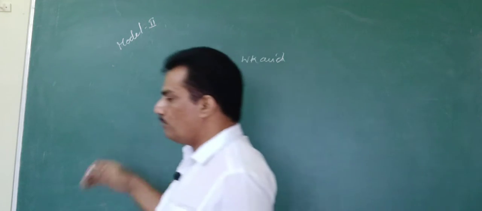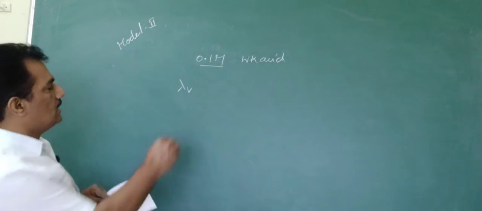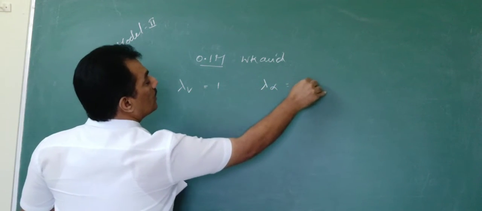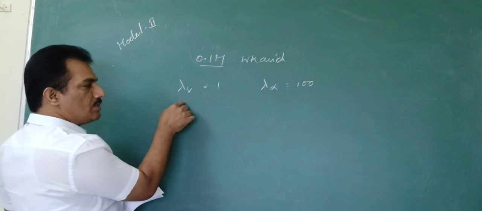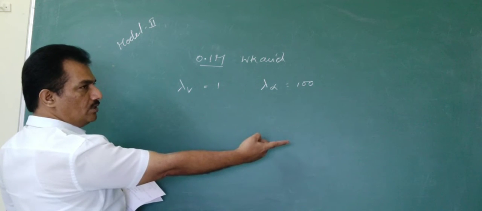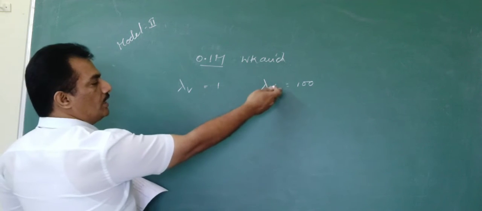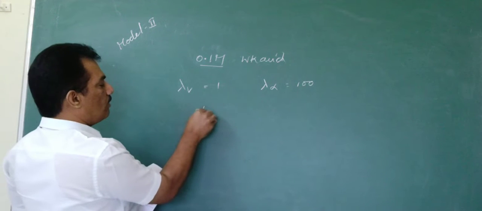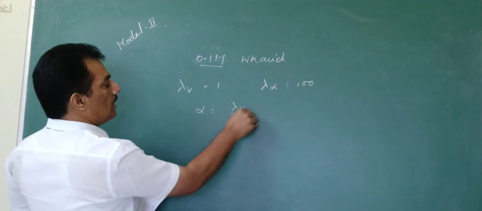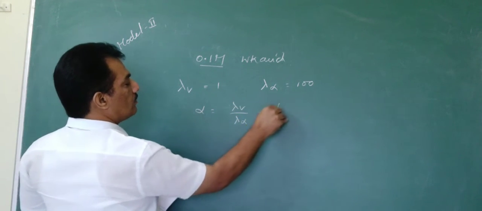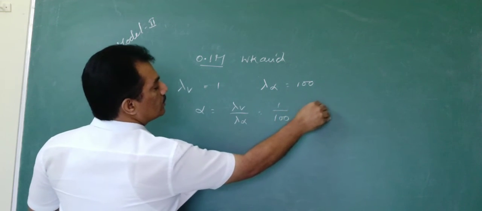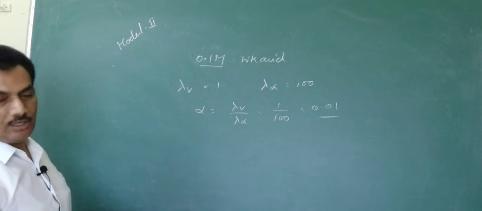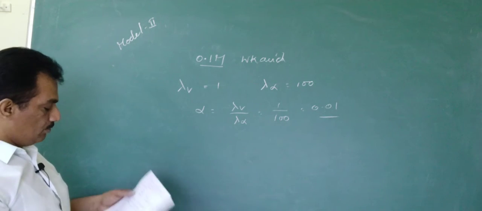If we consider lambda V as 1, then lambda infinite will be 100. So alpha is lambda V by lambda infinite, that is 1 by 100, which is 0.01. That is the degree of dissociation from model 2.